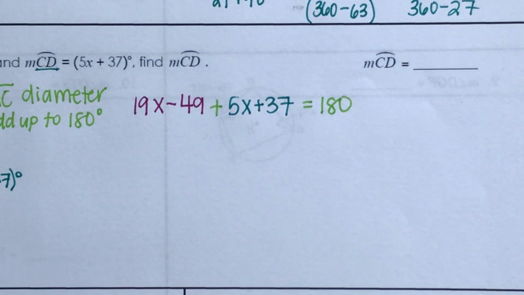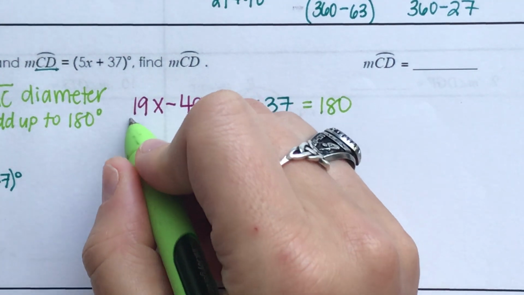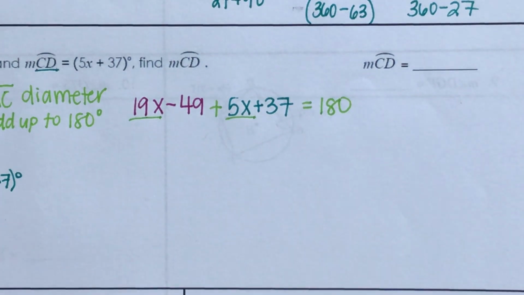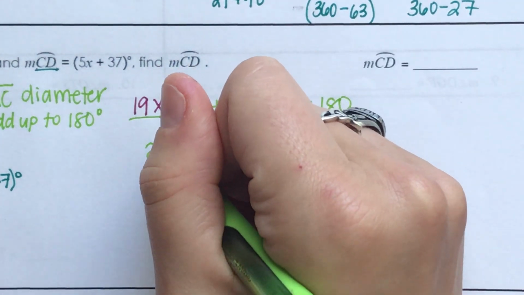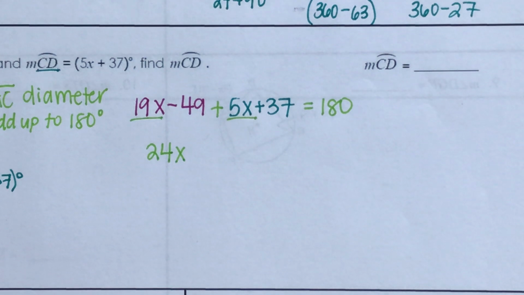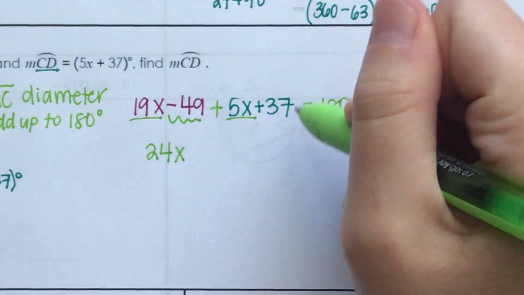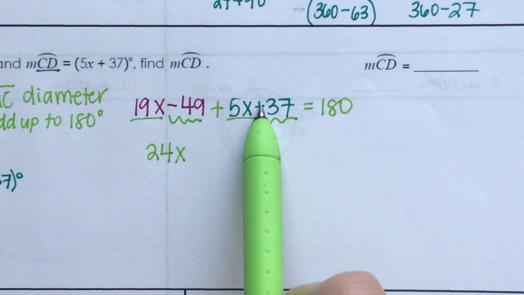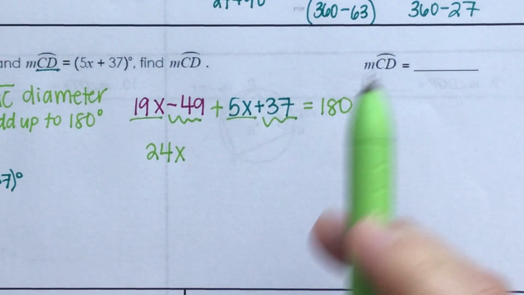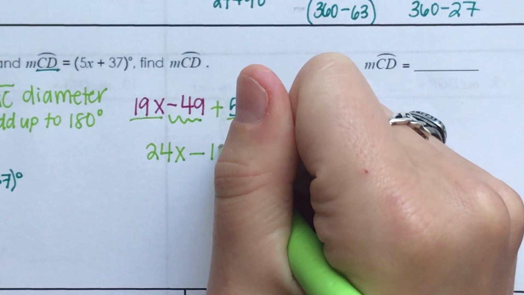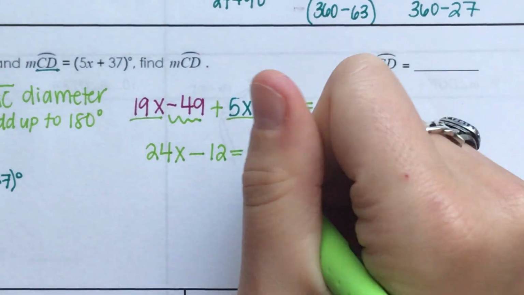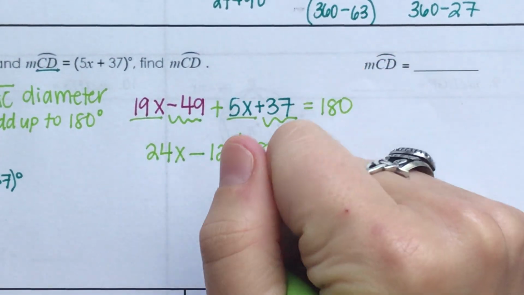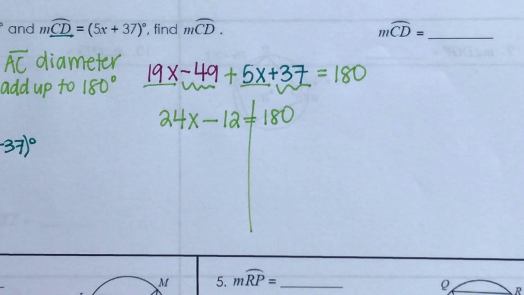So I'm going to put my x's together, 19x and 5x, and I get 24x. And then I'm going to put my constants, or my numbers, together. Now be careful, this is a negative, so negative 49 and a positive 37 gives me a negative 12. And then I set that equal to 180. Now it's just a regular algebra problem you know how to solve.